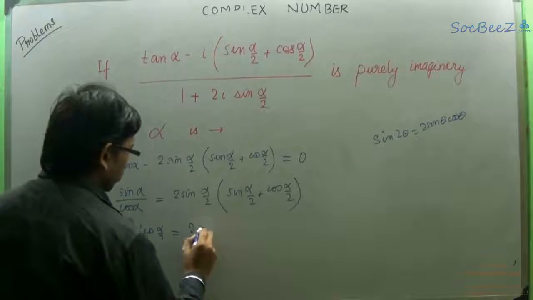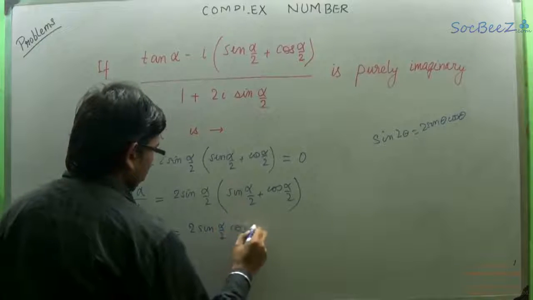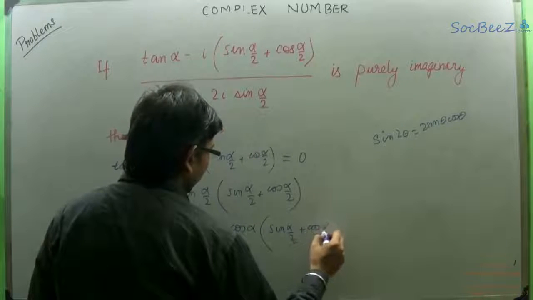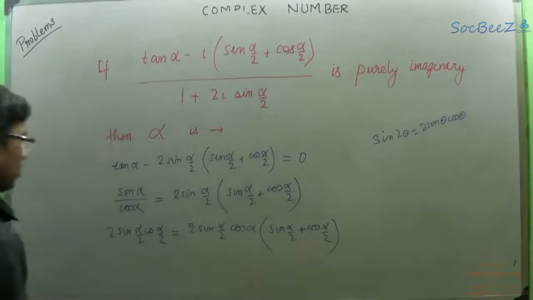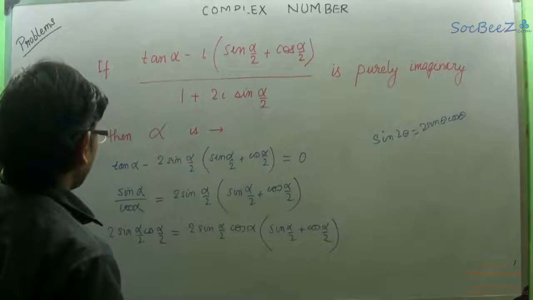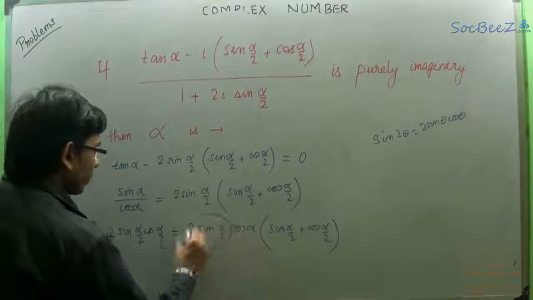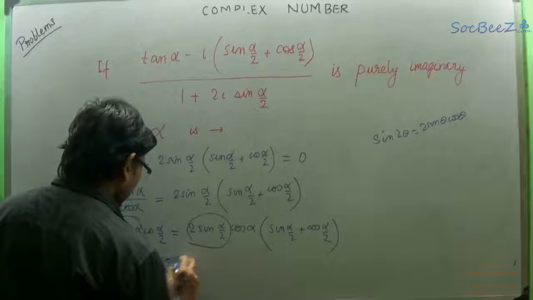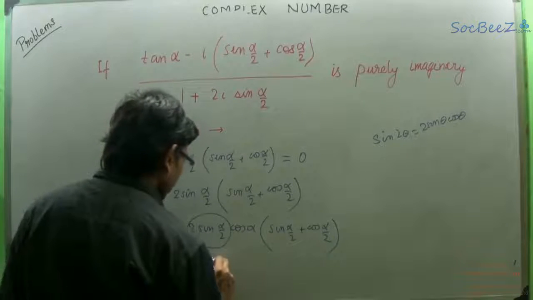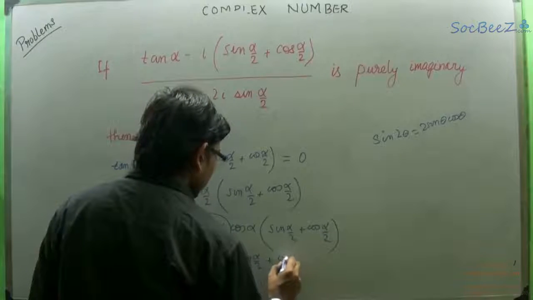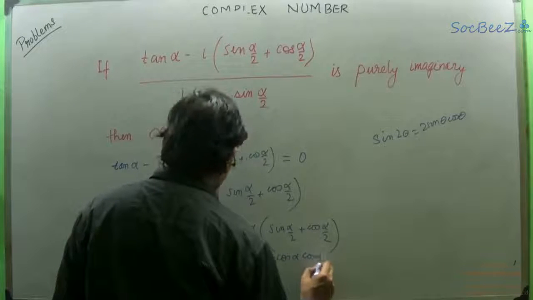So it is equal to 2 sin alpha by 2 cos alpha into sin alpha by 2 plus cos alpha by 2. Okay, now this 2 sin alpha by 2 and this 2 sin alpha by 2 will be cancelled, and we are left with the expression cos alpha by 2 is equal to cos alpha times sin alpha by 2 plus cos alpha times cos alpha by 2.